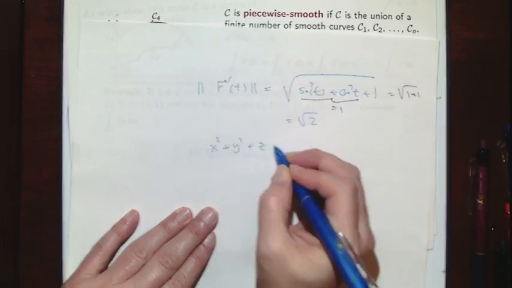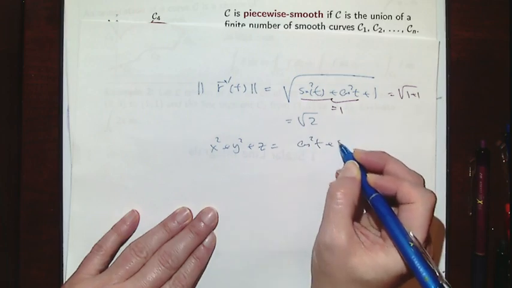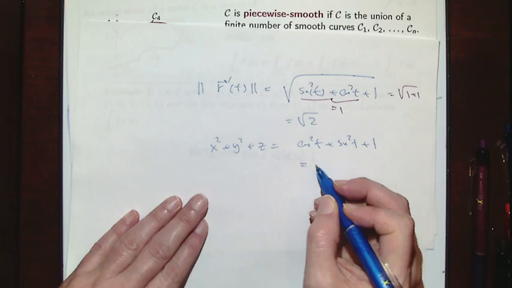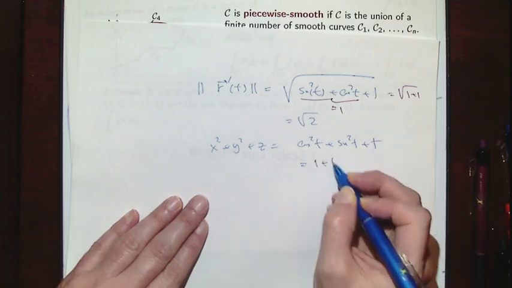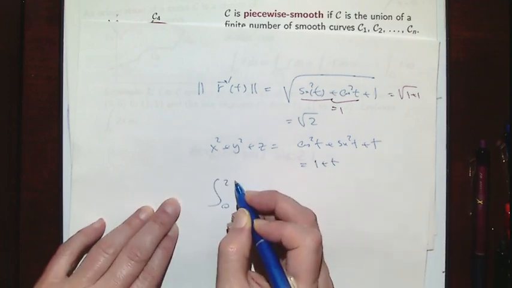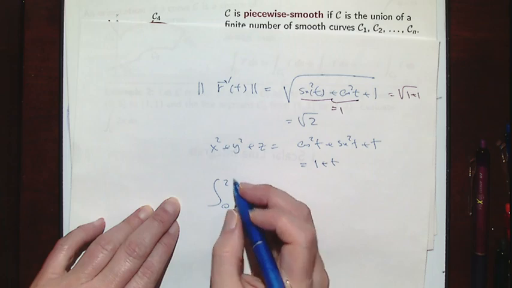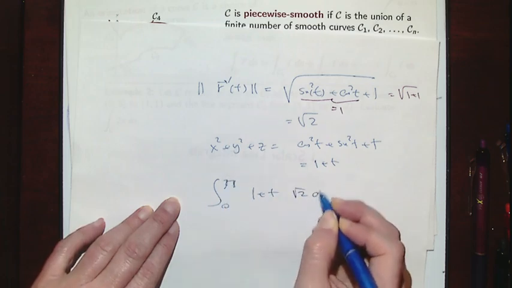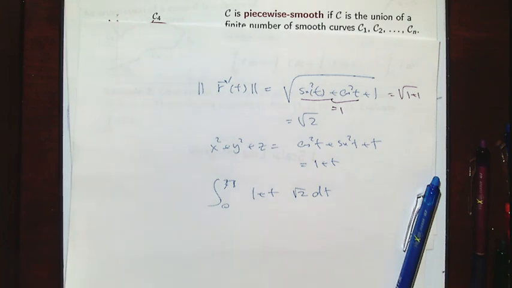It's a lot of pressure. Zero to pi. And apparently somebody gave you the answer. 4, 3, 2, 1, 0.